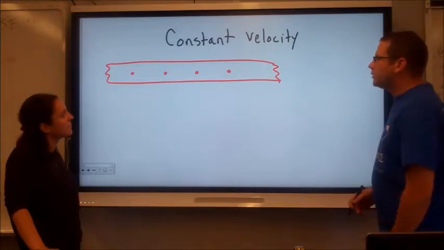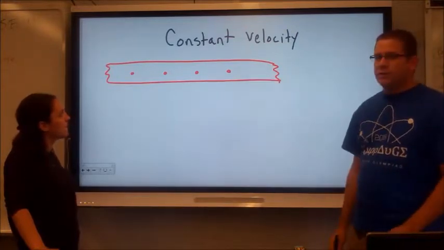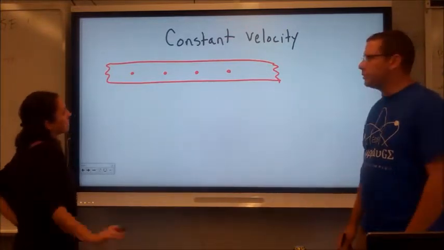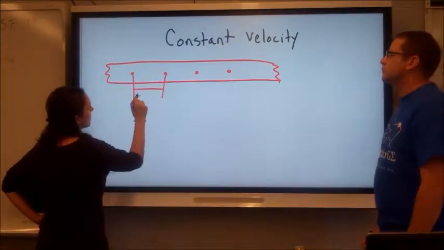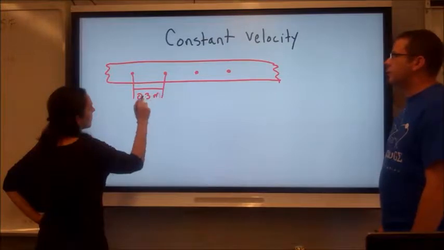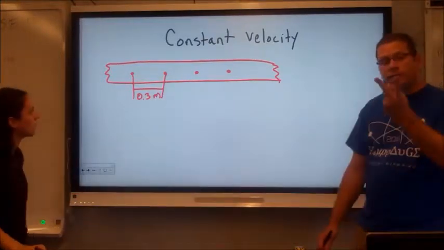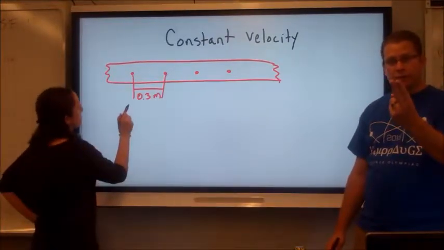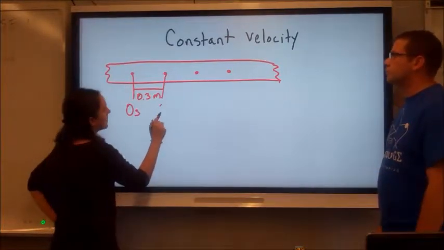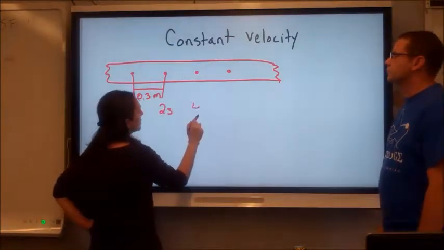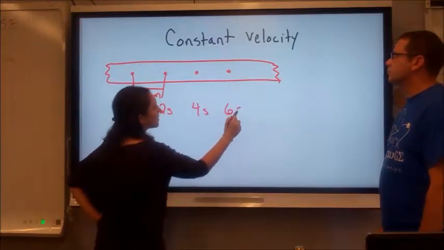Let's make up a distance, 0.3 meters between 2 dots, and the time difference between 2 dots is 2 seconds. So my first dot was at 0 seconds, my next dot is at 2 seconds, 4 seconds, and 6 seconds.